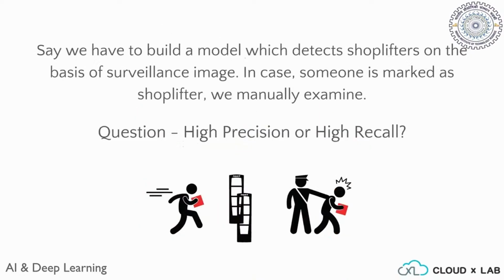Okay, now let's discuss another problem where we will give more weightage to recall. Say we have to build a model which detects shoplifters on the basis of surveillance images. In this case, if someone is marked as a shoplifter, we will manually examine it, right? So if our machine learning model detects a shoplifter, then we will manually check it.